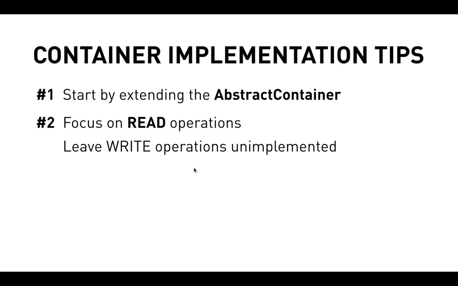The second tip is to focus on the read operations, because Magnolia content apps will perform only read operations over the container. They will not perform write operations over the container. Write operations we typically handle with actions, so just focus on read operations and leave the write operations unimplemented.